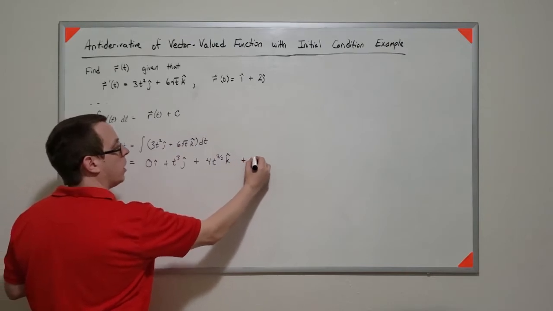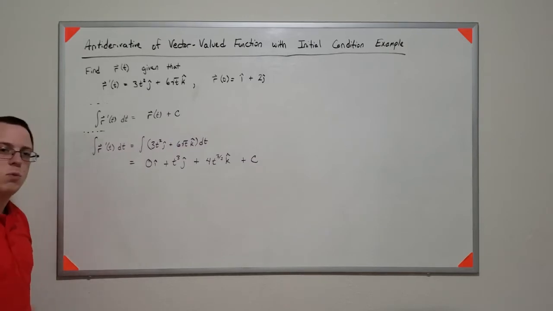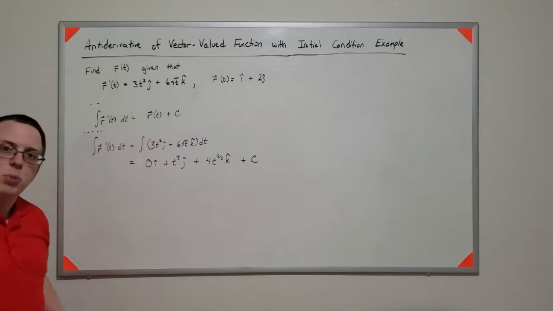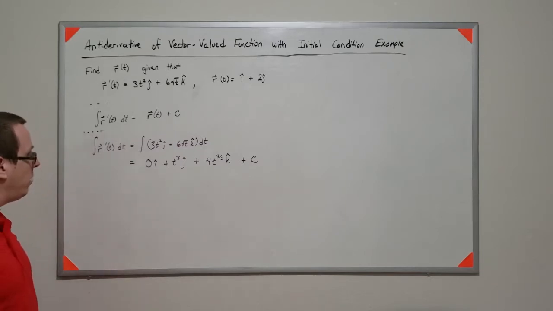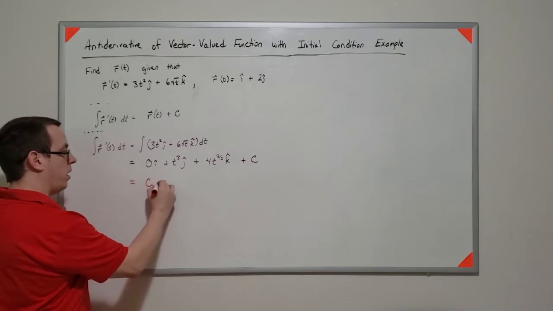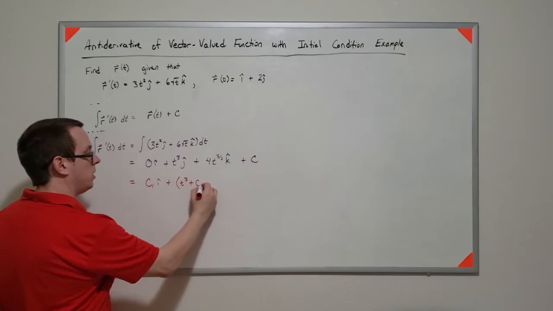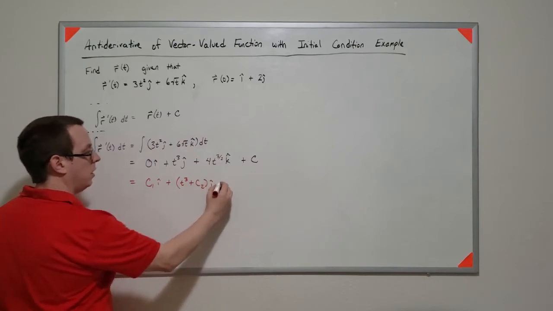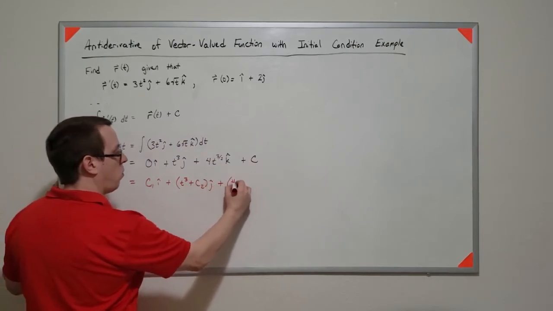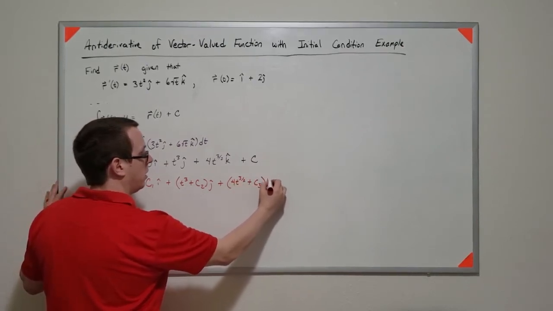But we have some sort of constant. We can think of those as C1, C2, and C3. So instead, it's probably better to write that as C1 i plus t cubed plus C2 j plus 4t to the 3/2 plus C3 k.